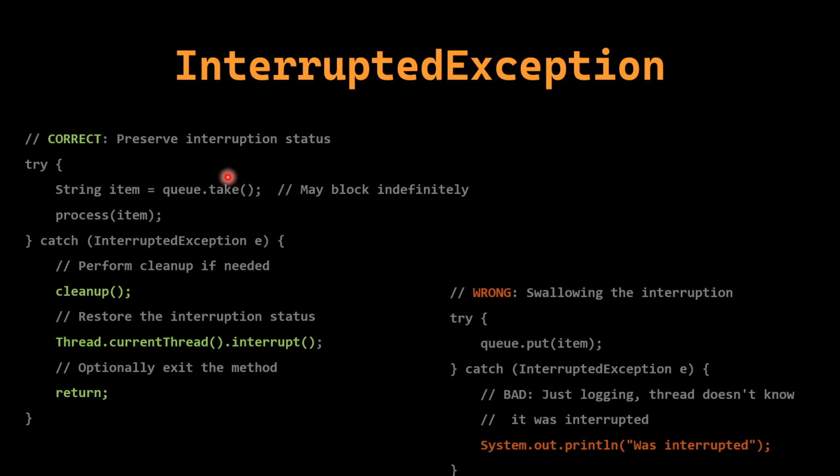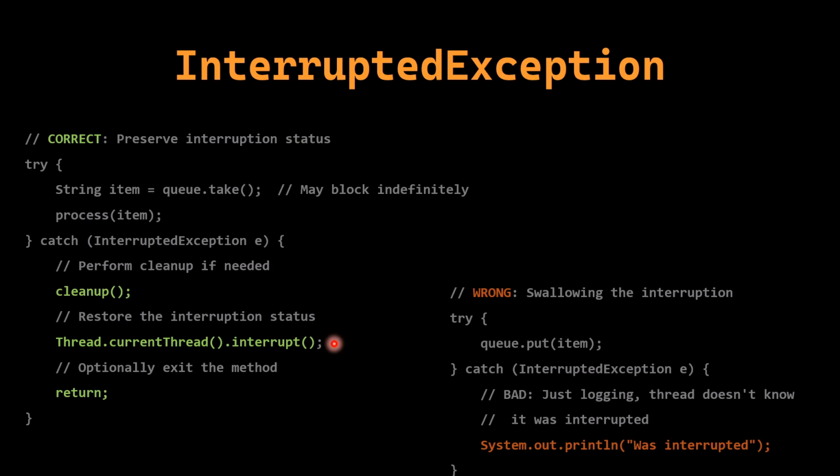When a blocking operation is interrupted, you have two responsibilities. First, to clean up any resource if needed, and second, to preserve the interruption status so that code higher up the call stack knows the thread was interrupted.